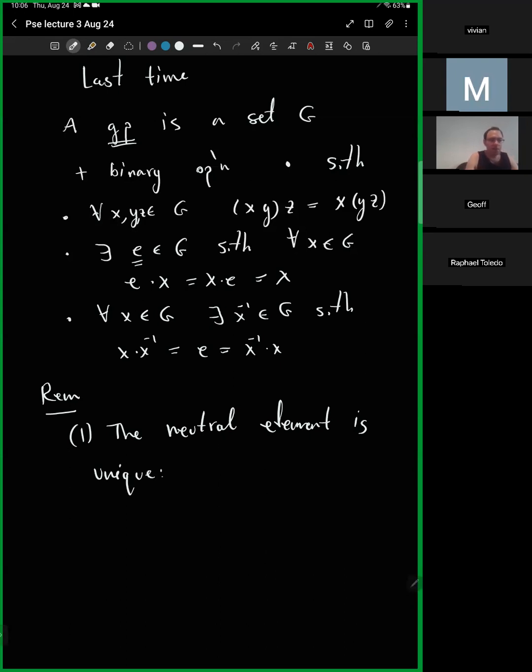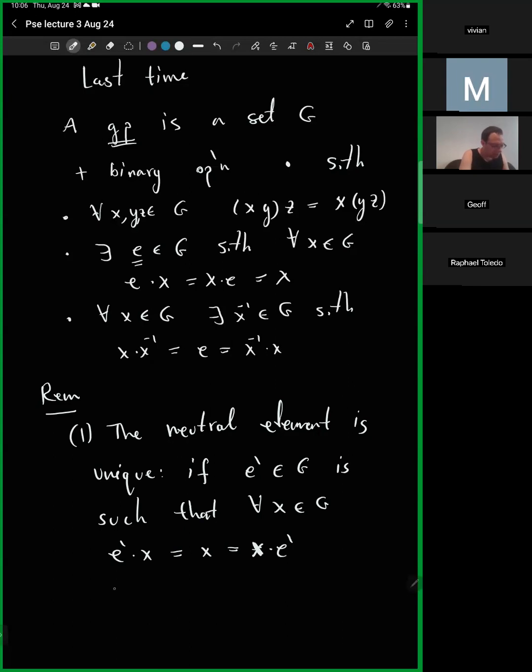It means that if there would be another candidate for a unit element, so if E prime in G is such that for any x in G, E prime x equals x, and also x times E prime is also equal to x, then E prime must be equal to E.